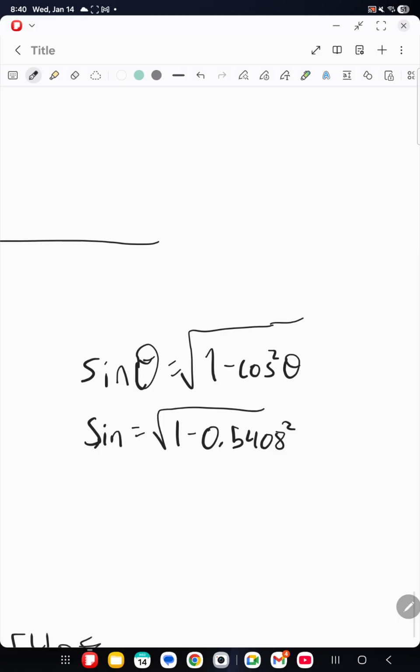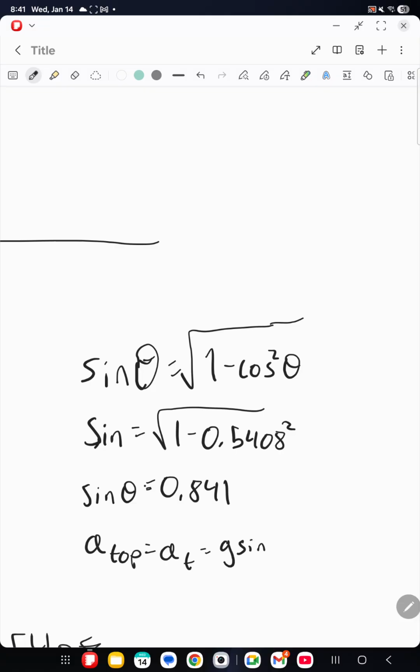Doing this calculation, we'll get sin theta as 0.841.